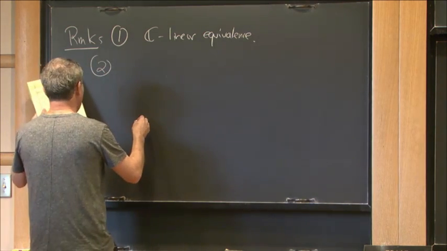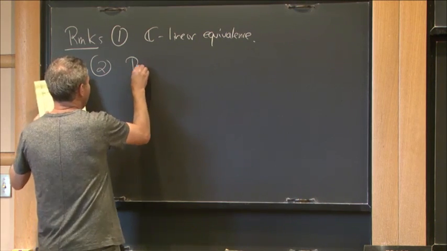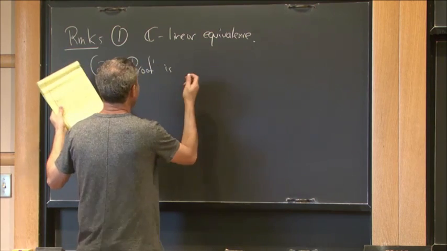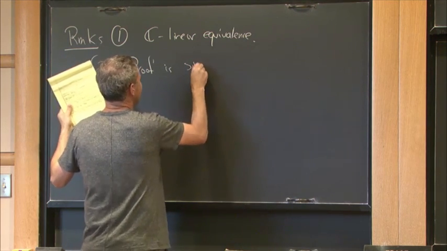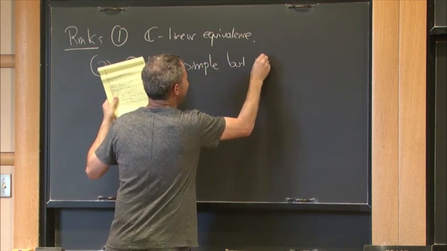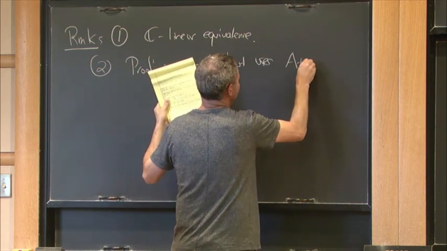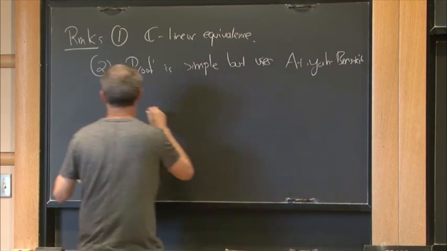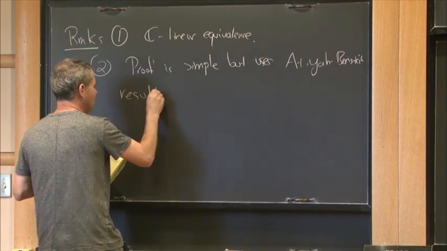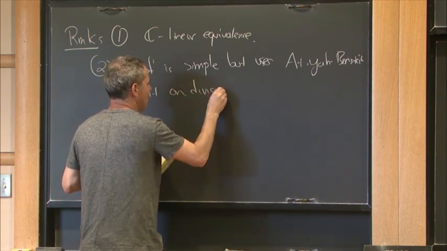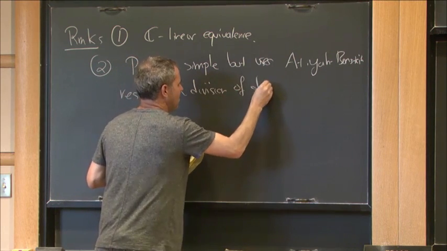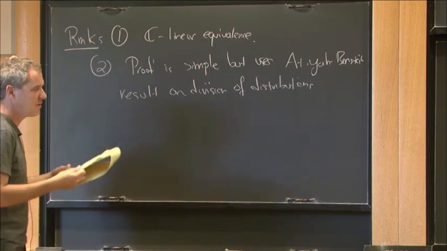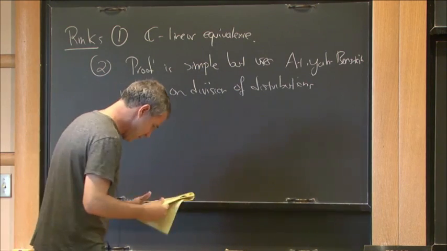So maybe the proof is simple, but uses the Atiyah-Bernstein result on division of distributions. It's simple in that it's kind of short. The paper is pretty short, like four or five pages.